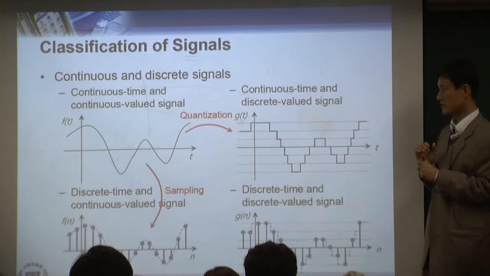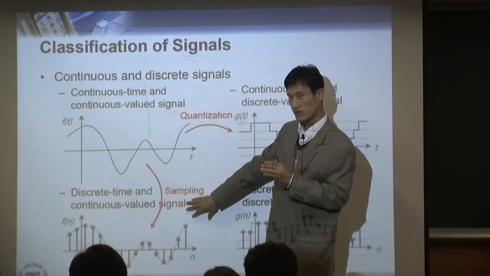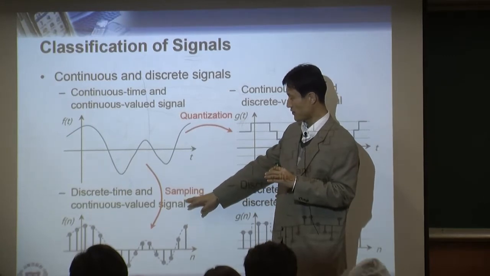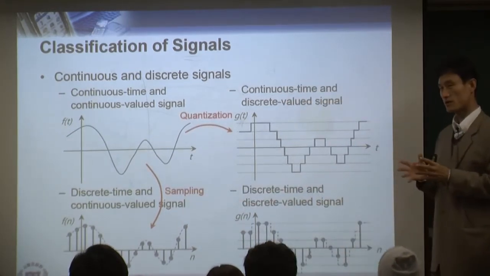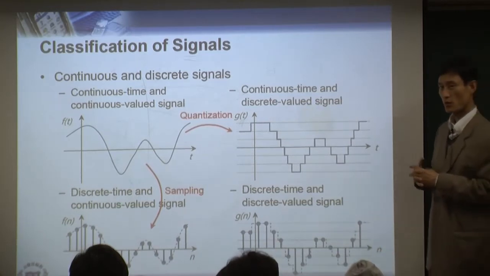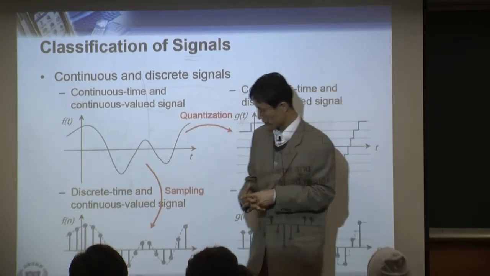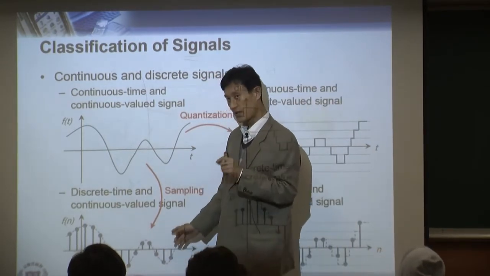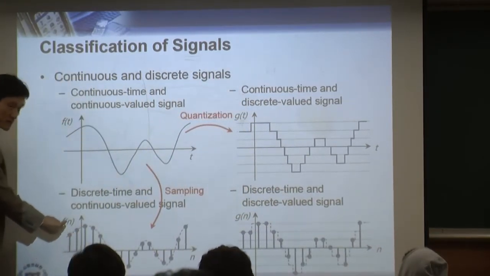Number of bits. So for example, let's look at the sampling first. If you do sampling at 1 kilohertz, or if you sample at 2 kilohertz, what's the difference? If you take 1 kilohertz of sampling, your sample duration is 1 millisecond.